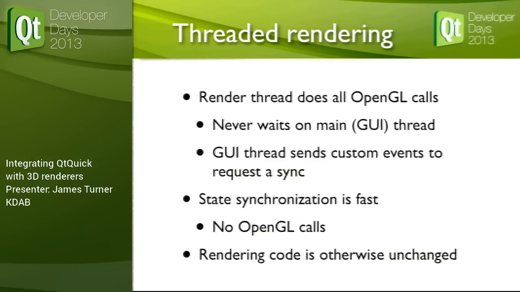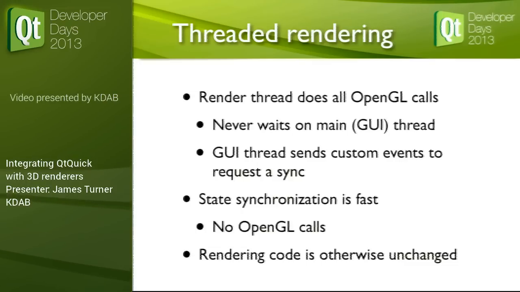And with 5.0, only certain platforms were using threaded rendering. With 5.1 and going forwards, many more platforms are using threaded rendering by default. You can control this. There's both an environment variable and a command line switch, and a few other places you can get in and select threaded rendering on or off. But increasingly on, I think, all the major platforms, the desktop platforms, and most embedded platforms, the rendering will be threaded.